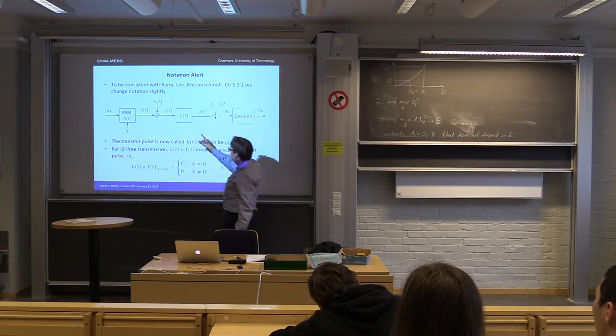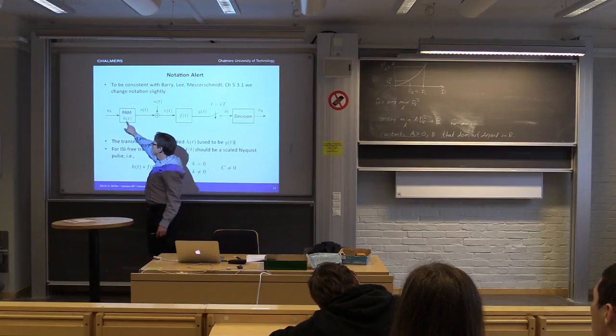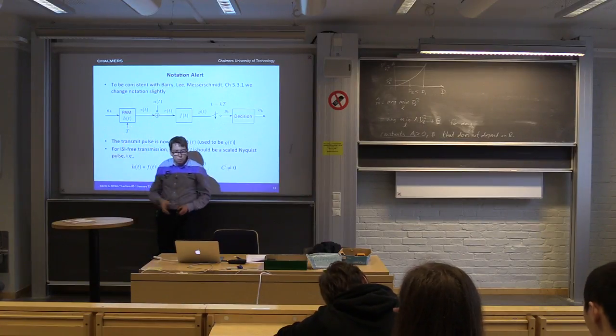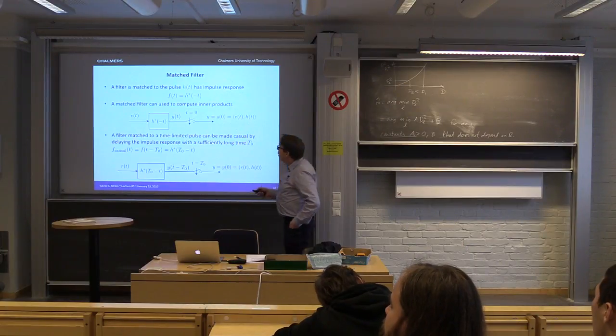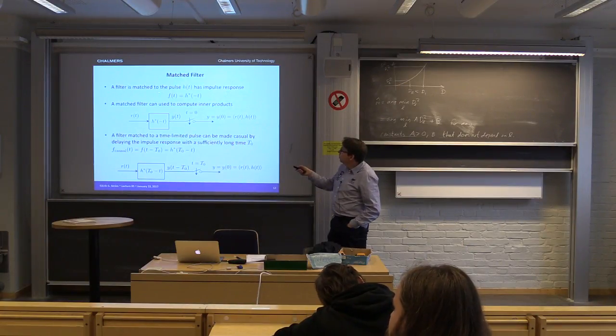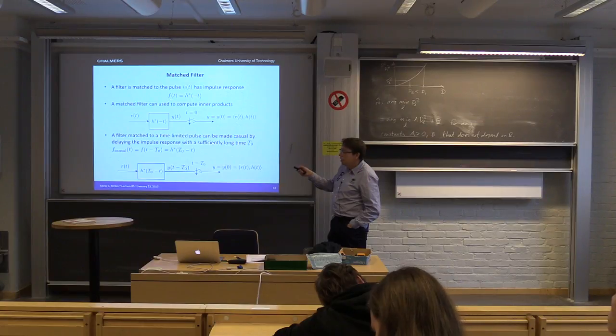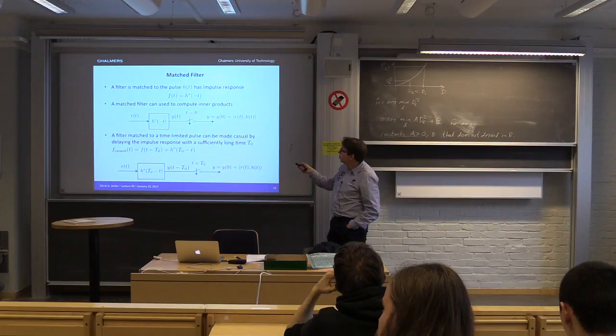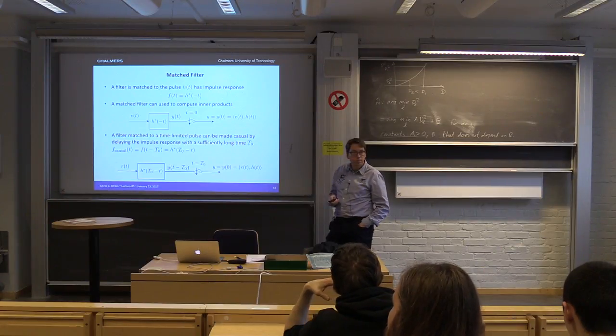Well, we just say that F is equal to H conjugated and time reversed. That's it. So we will use a matched filter. The impulse response of the receiver filter F is equal to H conjugated and then time reversed.